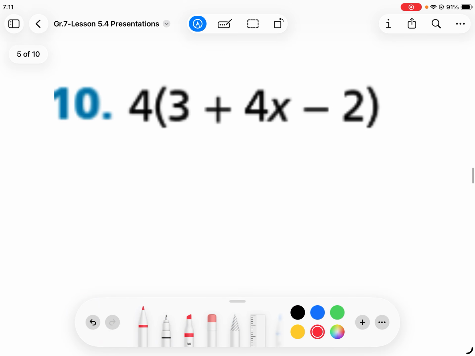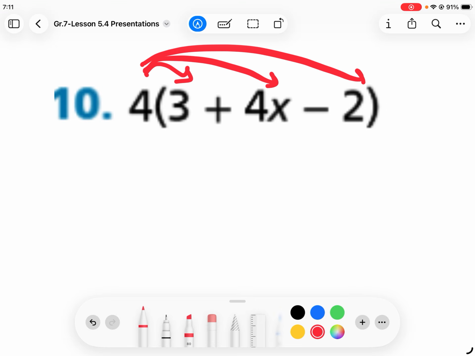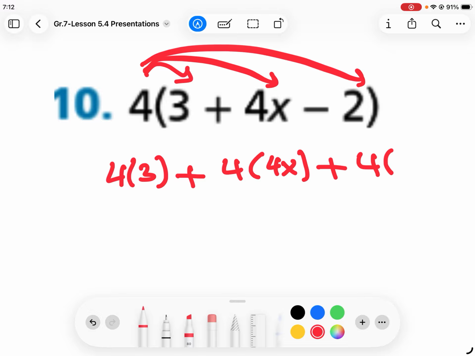Okay, let's do this one, another problem. So we're going to distribute, use arrows. And now let's do the math. This is 4 times 3 plus 4 times 4x plus 4 times, be careful here, you got what? You have negative 2. 4 times negative 2.